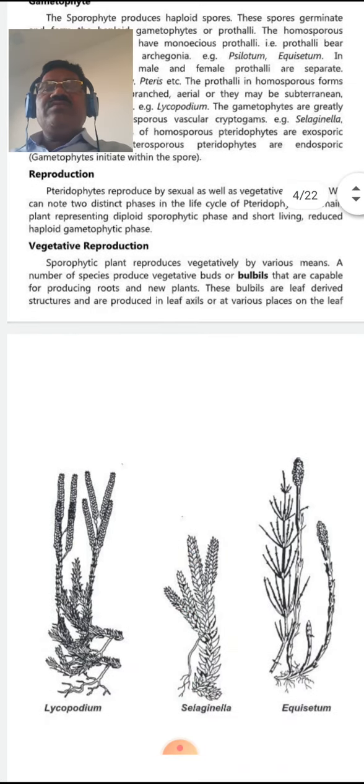Vegetative reproduction: sporophytic plant reproduces vegetatively by various means. A number of species produce vegetative buds or bulbils that are capable of producing the roots and new plants. These bulbils are leaf-derived structures and are produced in leaf axils at various places on the leaf.